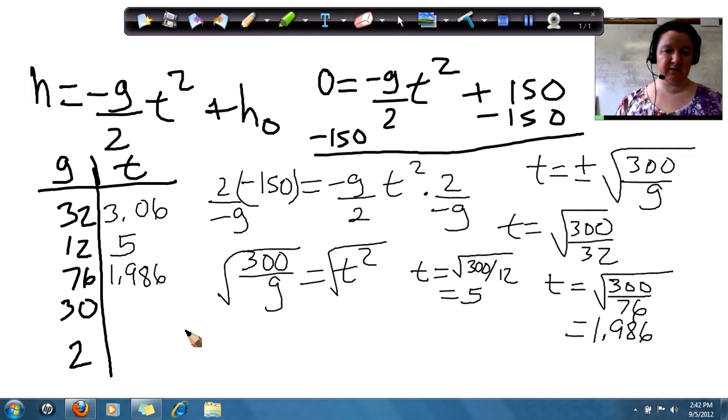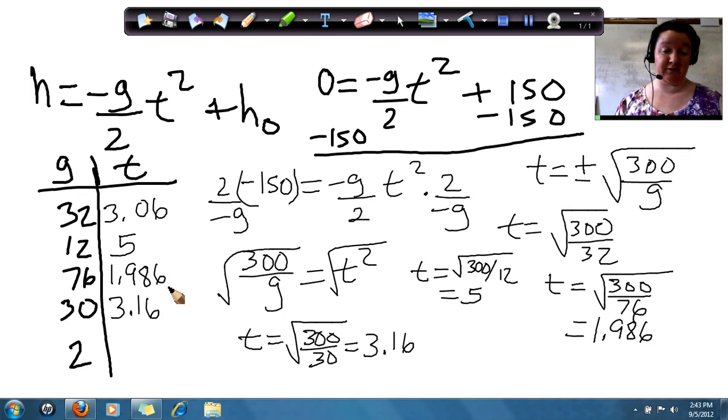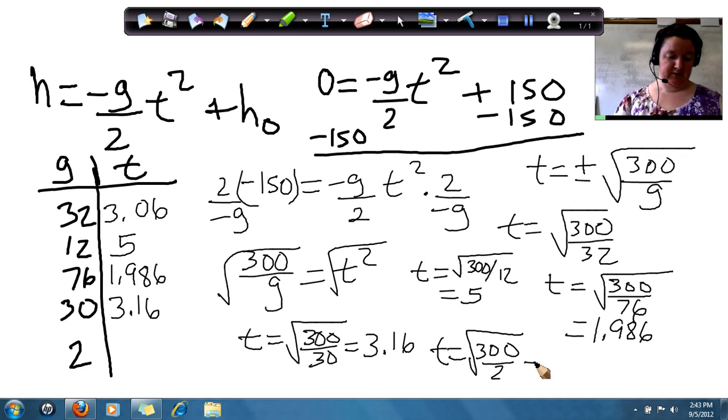And then if I plug in 30, well, that's just the square root of 10, so that'll give us 3.16. And there are more digits, but I'm just rounding to the nearest hundredth or thousandth, depending. And then if we plug in 2, that'll give us the square root of 150, which is 12.25.